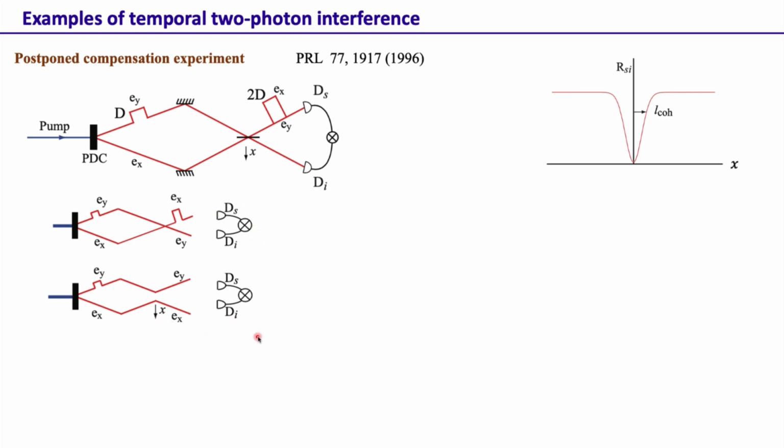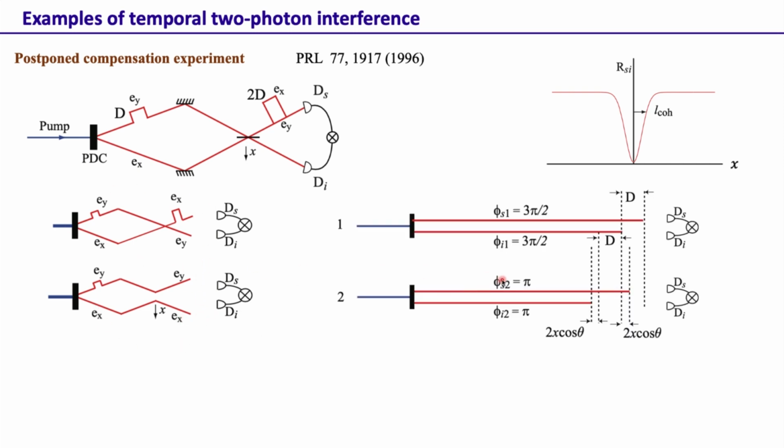So the interference is the interference of these two alternatives, and in order to see that, we put this in an unfolded diagram. Here all these phases are pretty much the same as what we had for the Hong-Ou-Mandel. Whenever we have this two-photon diagram, we always calculate it from the detector's perspective.